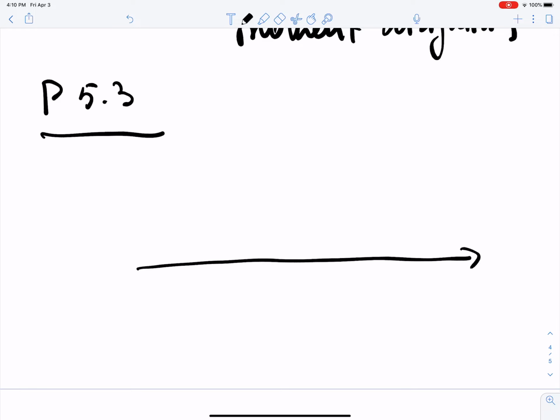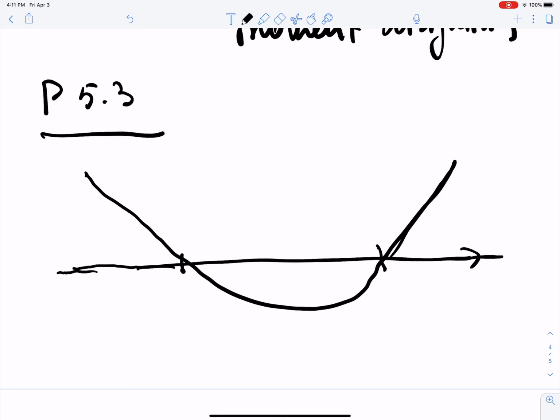This is x, and we get our inflection points. I guess I'm thinking about the economy now. And you have a quadratic function that looks like this, and it goes to the element edges.